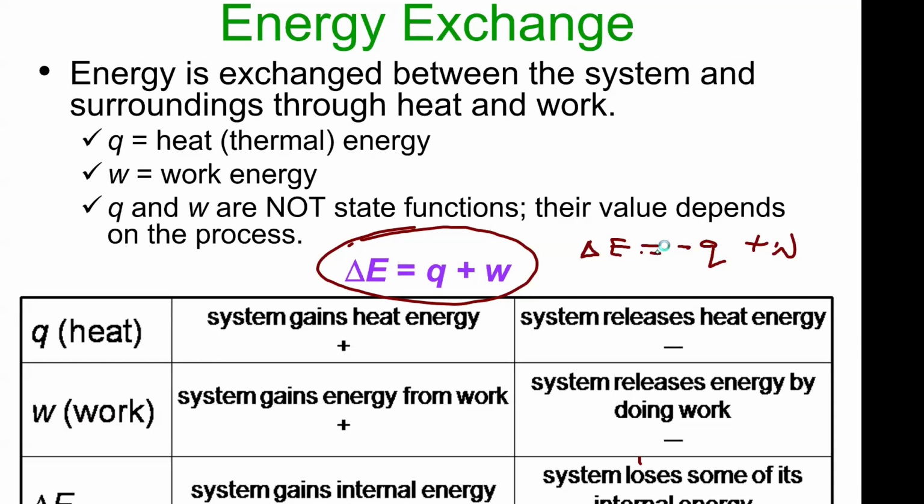But if it is the system that is releasing energy by doing the work, then W is going to be negative. Therefore, the formula in this case is delta E equal to Q minus W.